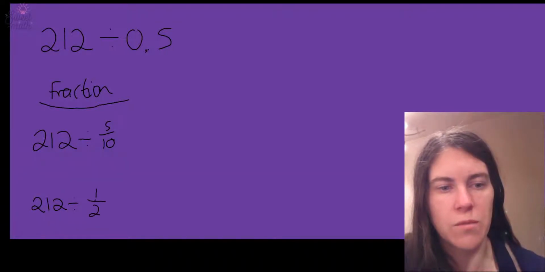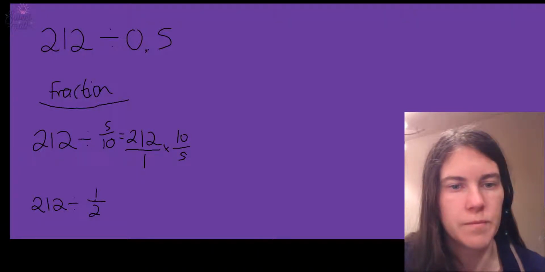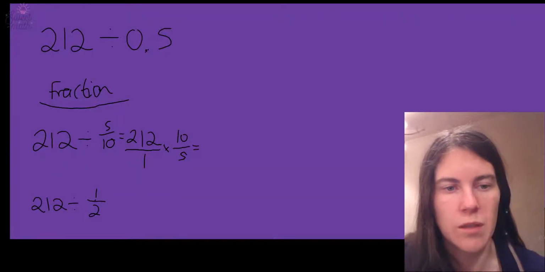We could simplify it to 1/2. So if we do 212 over 1, because it's a whole number, and then we do the reciprocal, so it's 10 over 5 instead of 5 over 10, and then we multiply the numerators and the denominators.